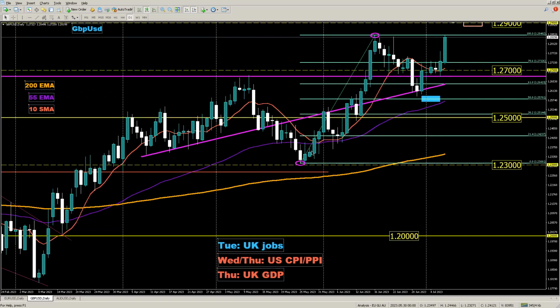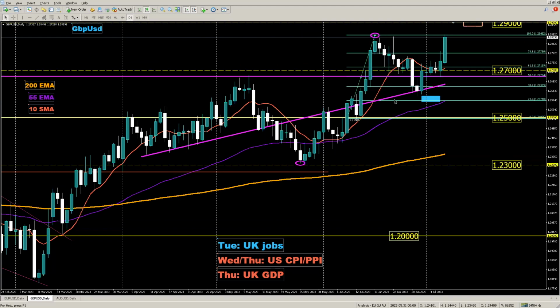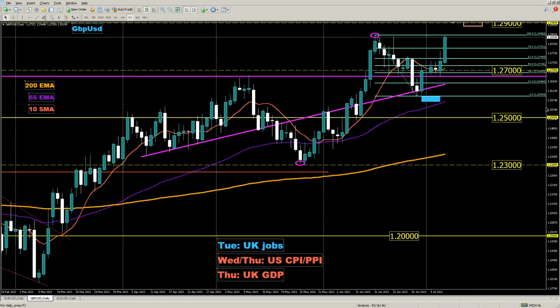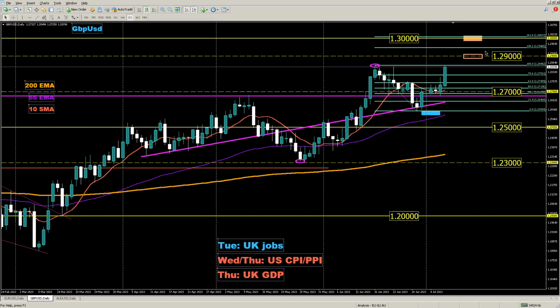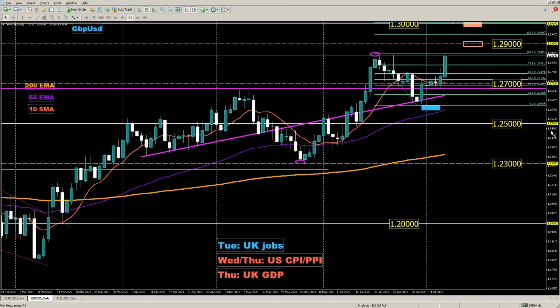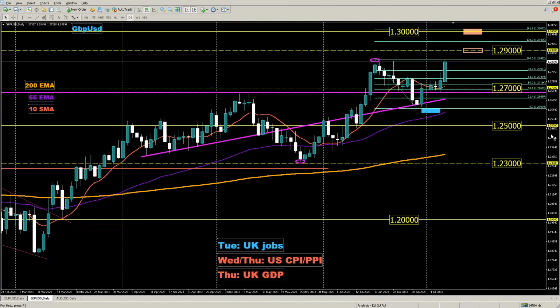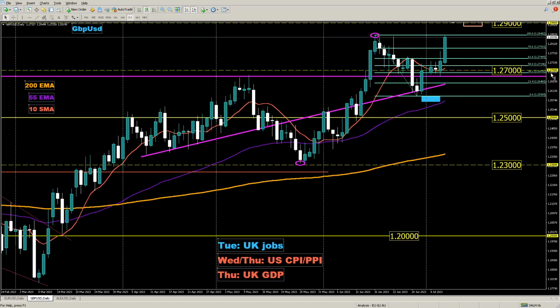And let's also test the reversal fib structure here to see, yes, there is a confluence with the 162 fib extension, just 7 pips above the 130. And above the 129, there's a 138 fib extension at 129.46.